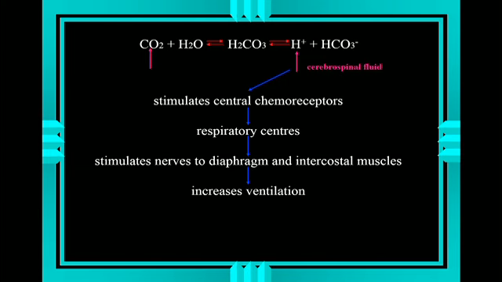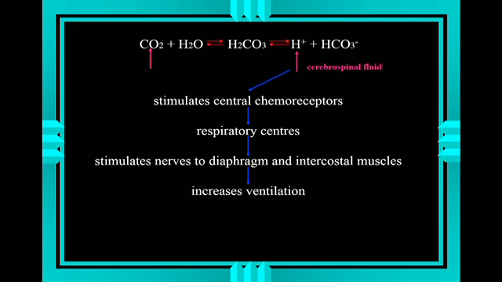So when we say carbon dioxide is what we're responding to, it really is the pH, but the pH will only change in response to changes in CO2, because peripheral hydrogen ions won't cross the blood-brain barrier. Peripheral CO2 will. So if you've got too much CO2 in your blood, it'll cross the blood-brain barrier. You'll have too much CO2 in your CSF. That will trigger this equation.